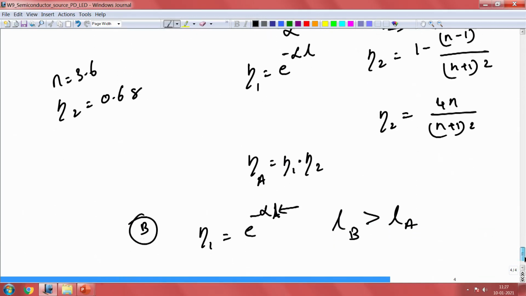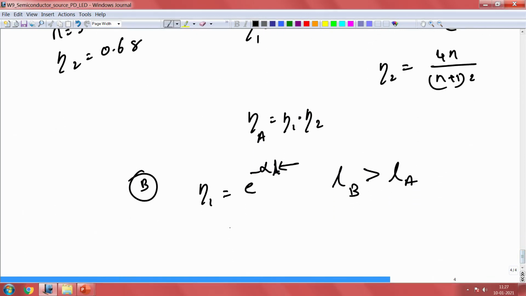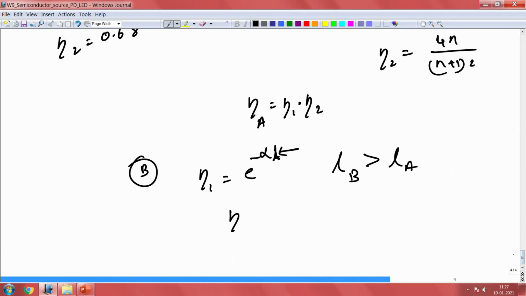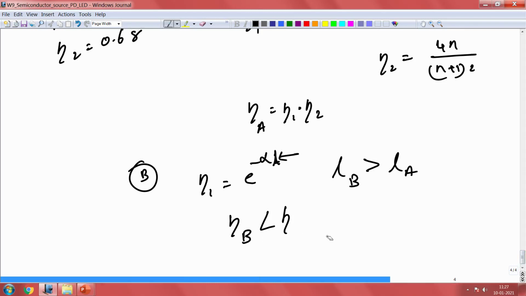So, because of this, the attenuation is going to be larger compared to A. So, overall the extraction efficiency of the ray with angle B is going to be less than A. Okay. This is because of the reflection loss as well, because it is incident at a large angle.